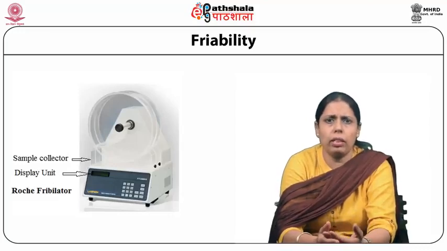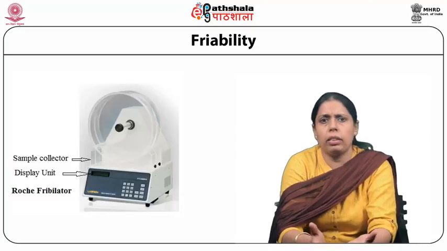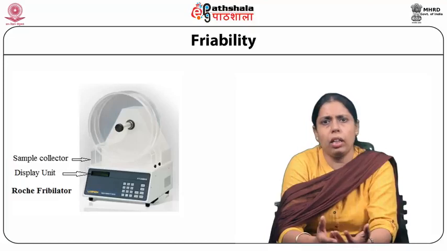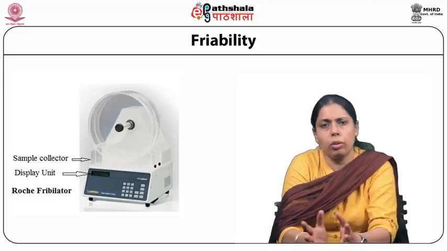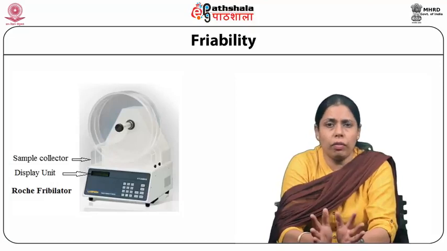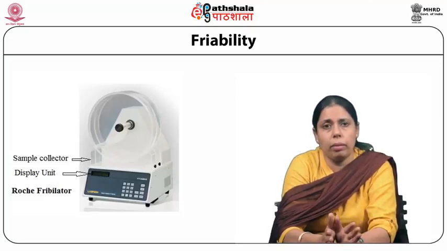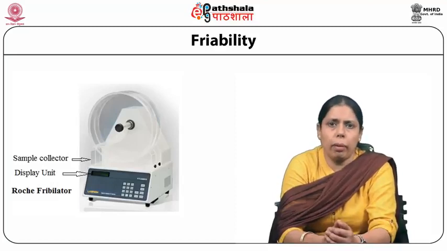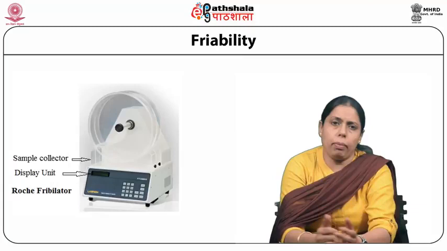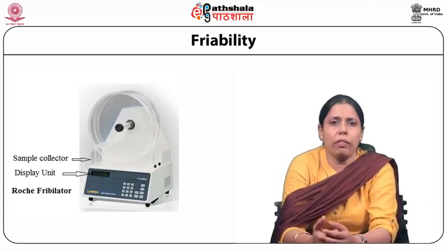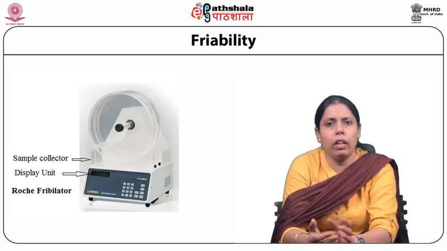Some chewable tablets like vitamin C tablets and most of the effervescent tablets are highly friable and they require a special packaging unit. The friability of the tablet is tested through an apparatus called the Roche friabilator, which is made up of a plastic drum fixed to a machine which is rotated at 25 revolutions per minute for 100 revolutions.